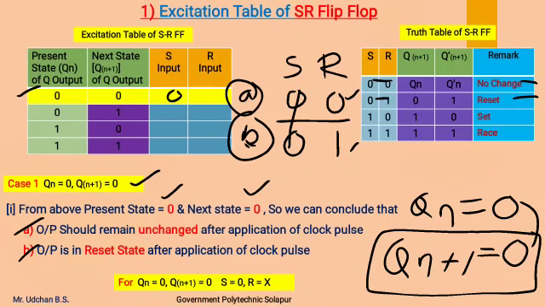So instead of writing 0 oblique 1, I will write R as a don't care condition, which can take either value, that is 0 or 1. So for Qn 0 and Qn plus 1 0, we get S as 0 and R as a don't care condition, which has both the values 0 and 1.